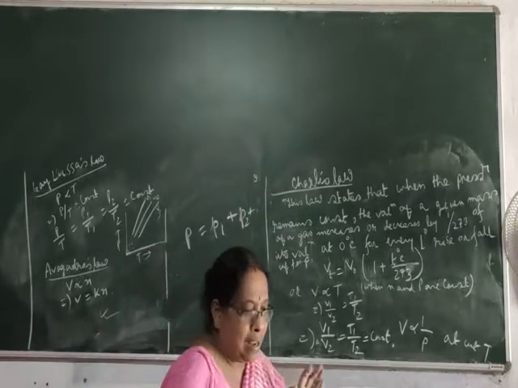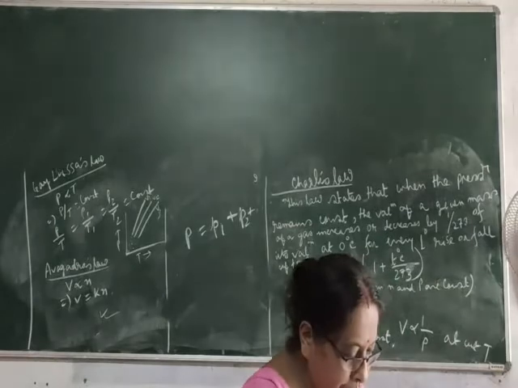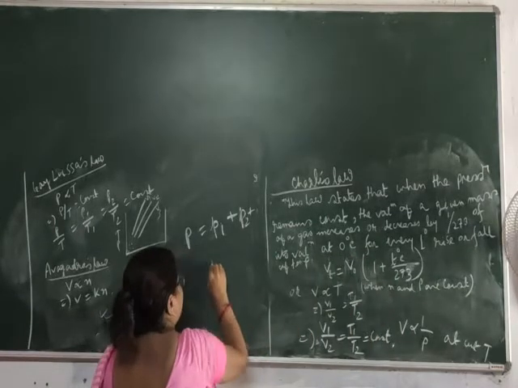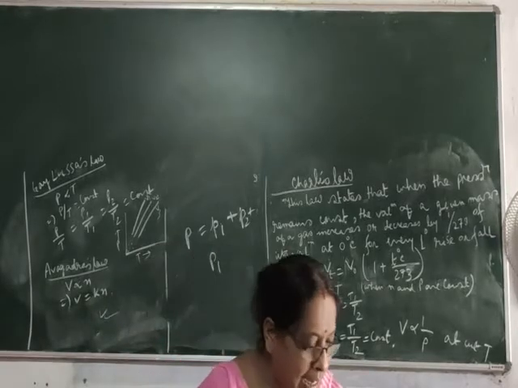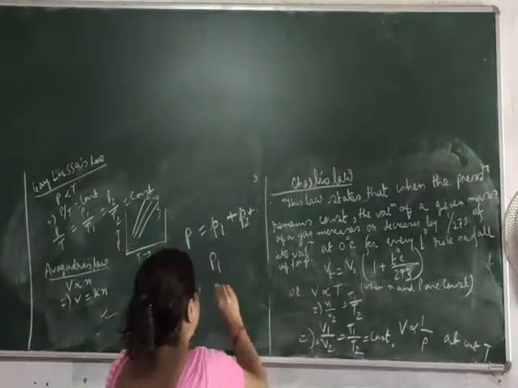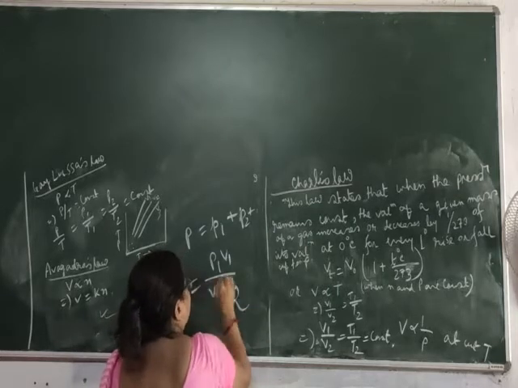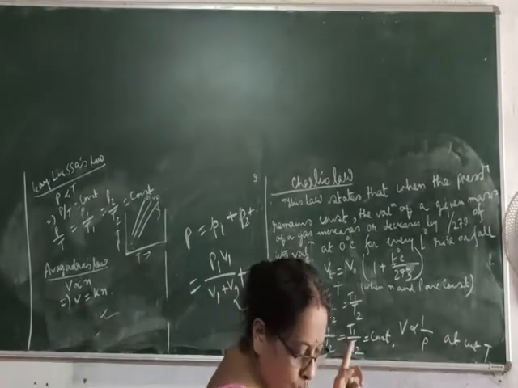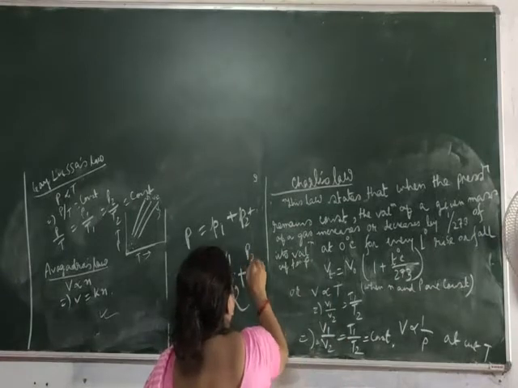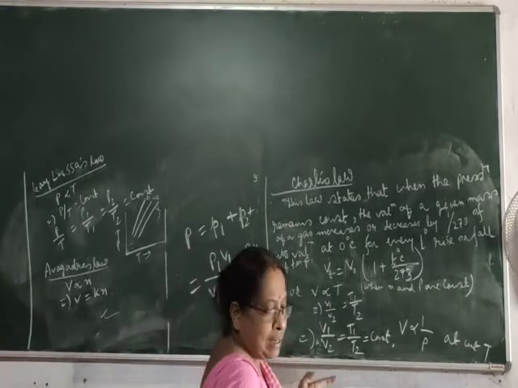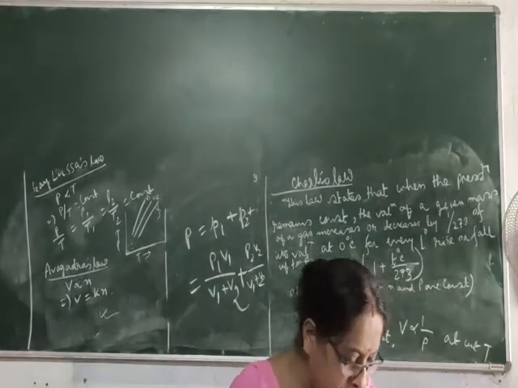So this is our Dalton's law. Again, we can write P1 as P1 V1 by (V1 plus V2), and P2 as P2 V2 divided by (V1 plus V2).